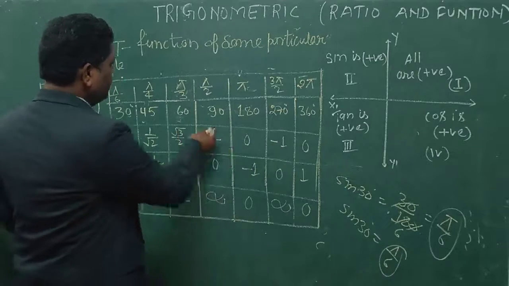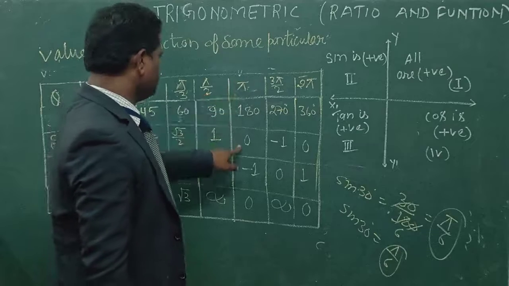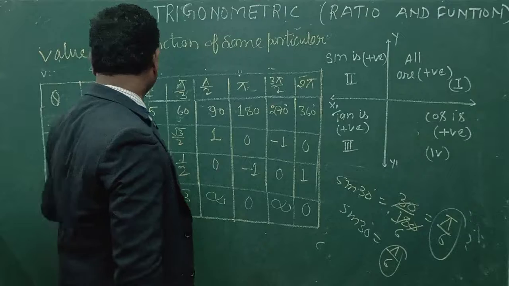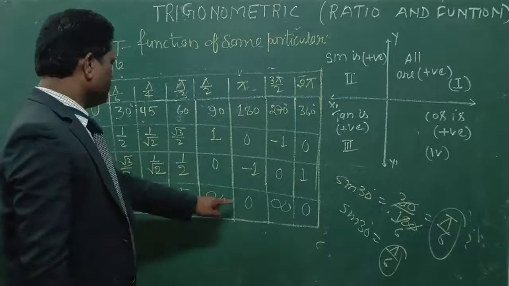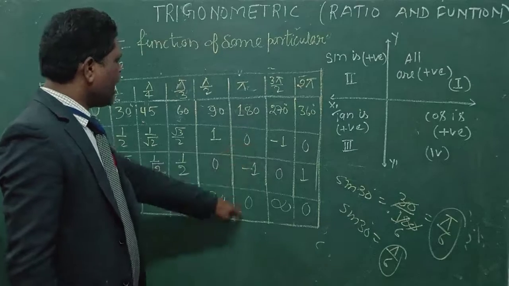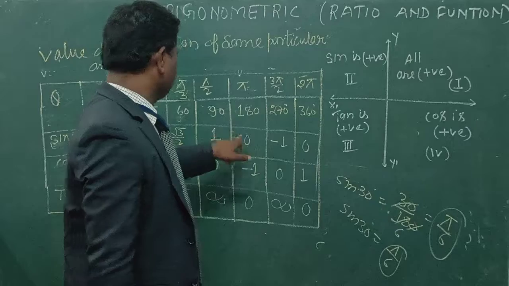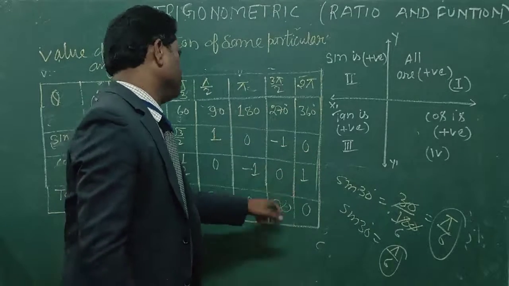First of all, for pi: sin pi is 0, cos pi is minus 1, and tan pi is 0. Opposite, 0, pi and 2 pi are the same: 0, 0, minus 1 and plus 1, 0, 0.